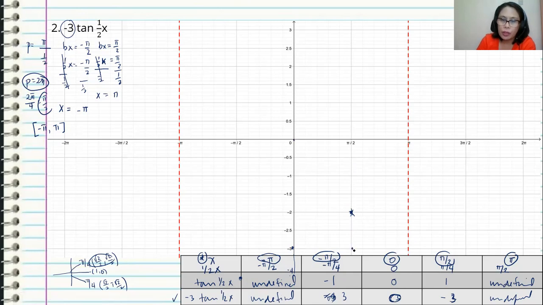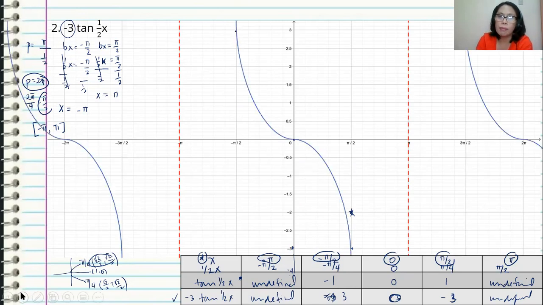So negative 3. And then undefined. So we have here pi, negative pi over 2, 3. And then 0. And then negative 3 here. So we will connect these points into a sinusoidal curve. So we'll be able to have this graph.